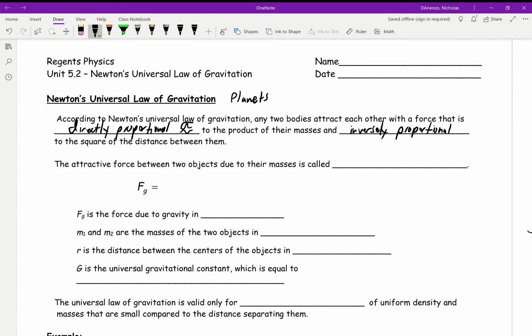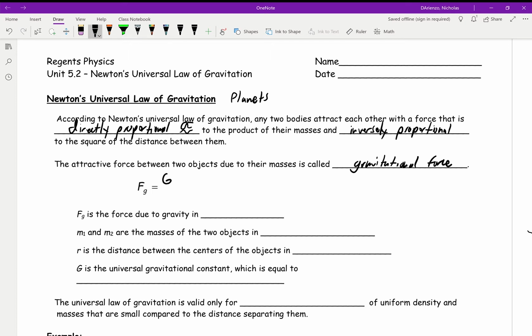Now this attractive force between the two objects that is resulting from the mass of each of the objects is what we call the gravitational force. And it's represented by the equation on your reference table.